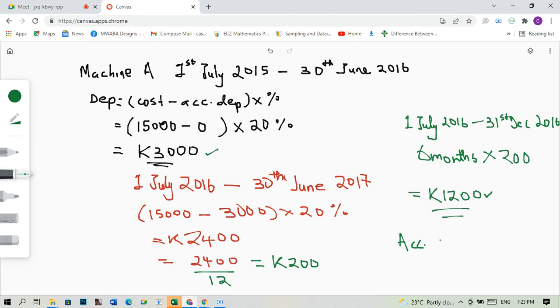It gives us 4,200. So in our accumulated depreciation account, this is the amount that we're going to send to the asset disposal account.